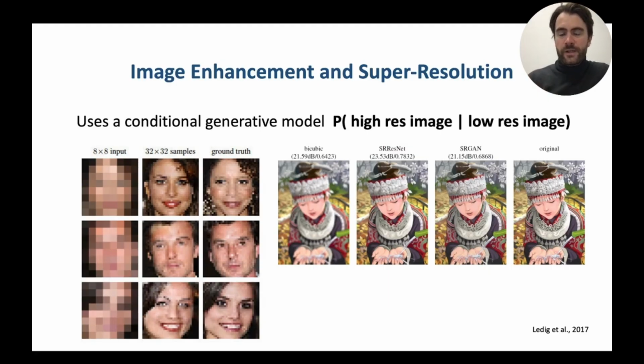And you also see an example of this on the right, where we start with a blurry and lower resolution image, but then the neural network and the generative model is able to fill in all kinds of interesting details and textures and recover the higher resolution image.